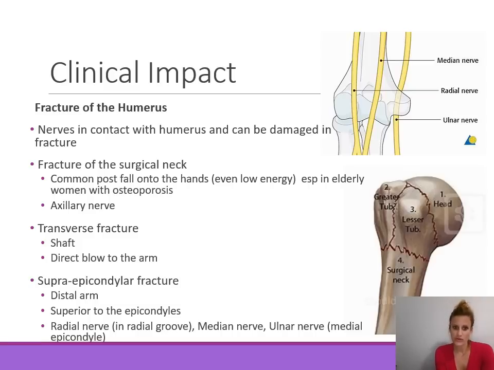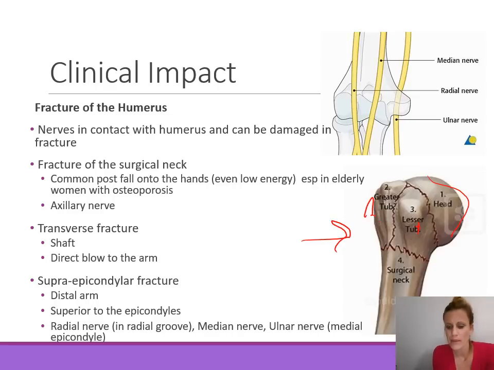A fracture of the surgical neck occurs in the proximal region of the humerus. If you look over here at the humerus, the head of the humerus is this rounded area that forms the joint with the glenoid cavity or glenoid fossa. You see the two tubercles, or rounded protrusions from the bone, the greater tubercle and the lesser tubercle.